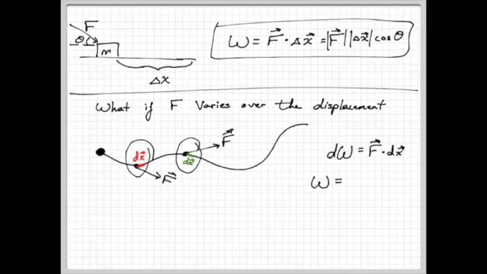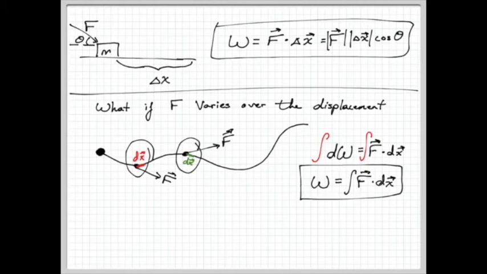Now, you'll remember from calculus that if I want to add up all these tiny little changes, that by definition is an integral. So we're going to do an integral of both sides, and this represents our most general form of work.